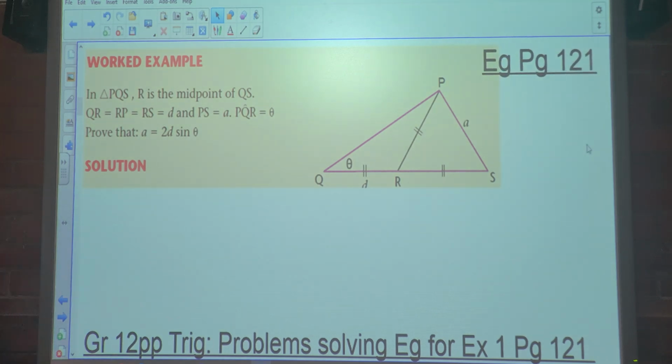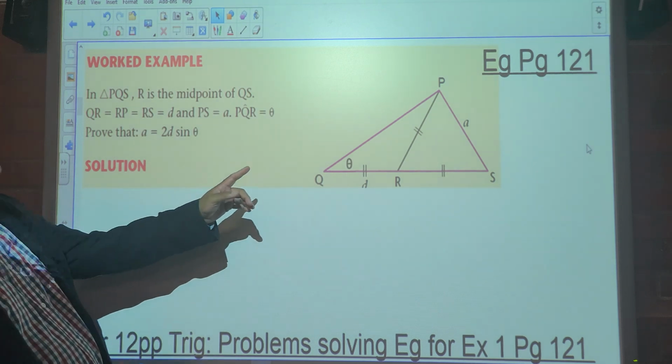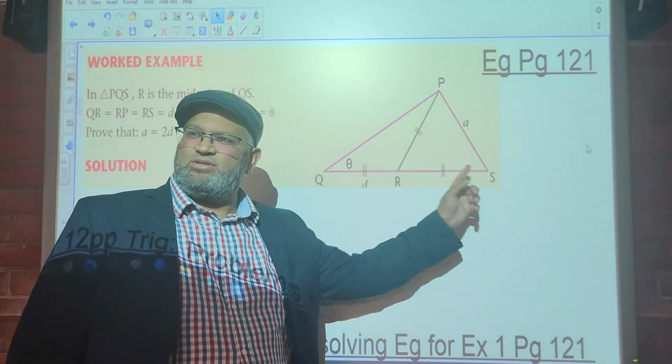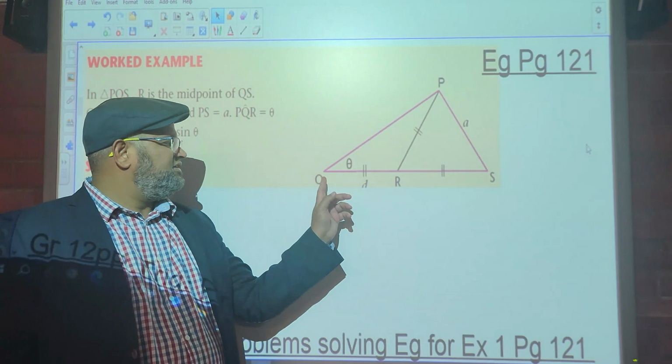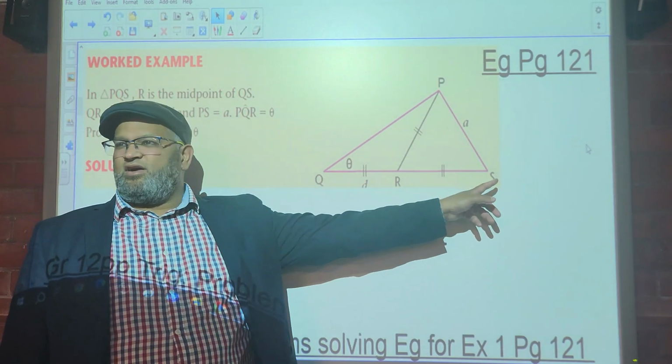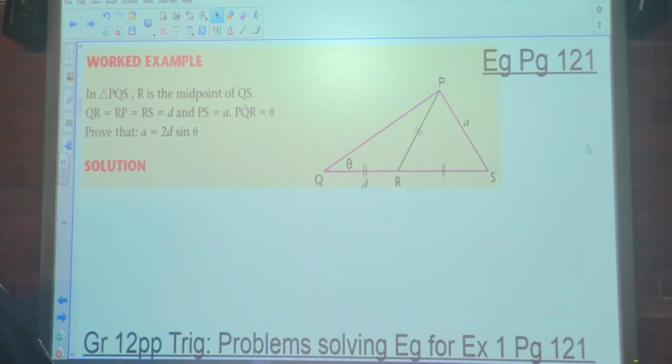Alright. People, the worked example, we're looking at the example on page 121. We are told in triangle PQS, R is the midpoint of QS. Which means that the length of QR is equal to RS. It's already marked in this diagram.